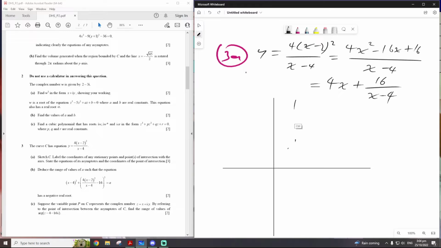The vertical asymptote will be x equals 4, and it should probably occur somewhere around here. Now, if you use GC, you'll find that the curve does have stationary points. I should probably draw the thing a bit lower.